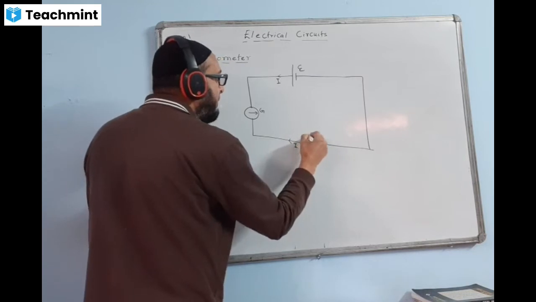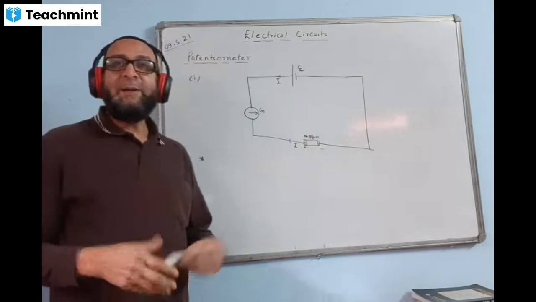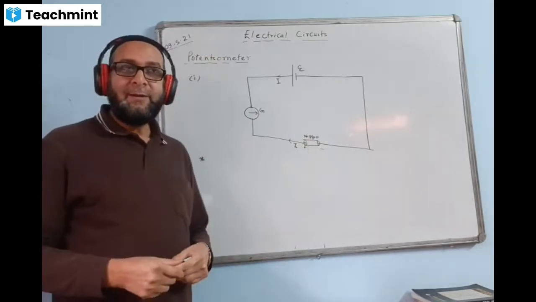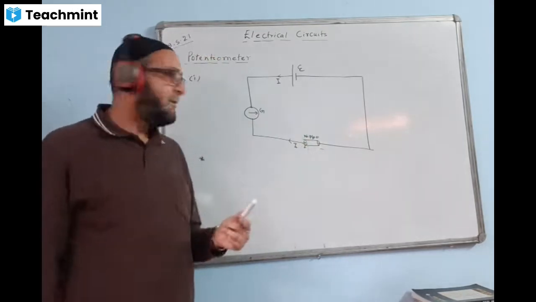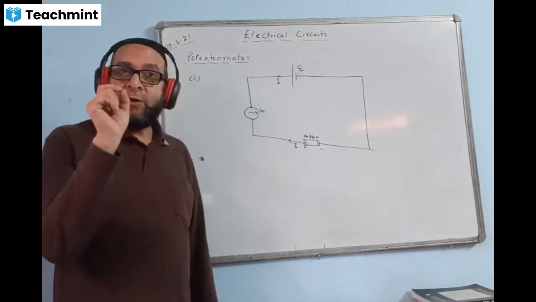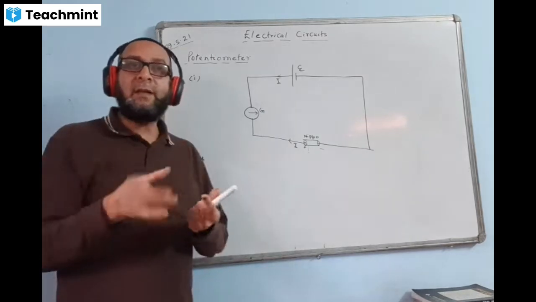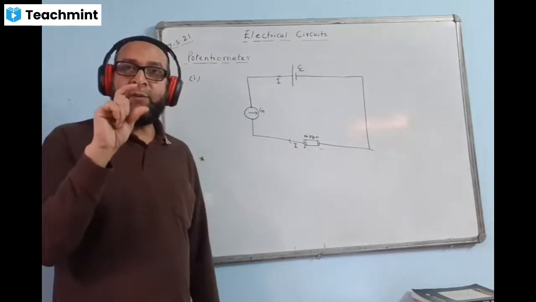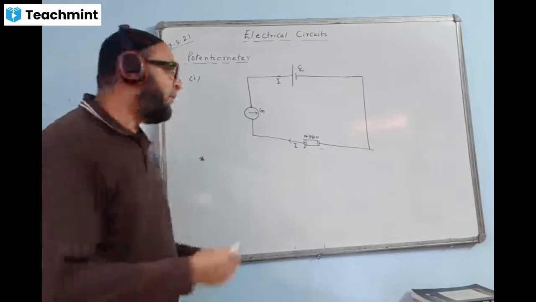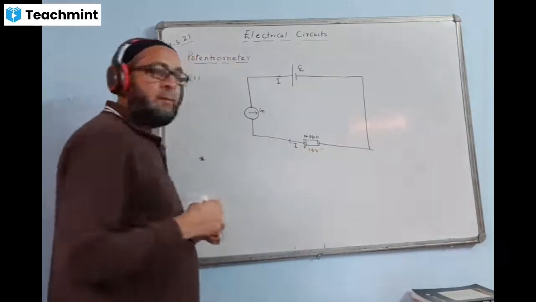It may be a Nippo company, or maybe an Eveready cell. When the company manufactures it, they write down the value of the EMF without any current drawn from the cell. They write exactly 1.5 volt.